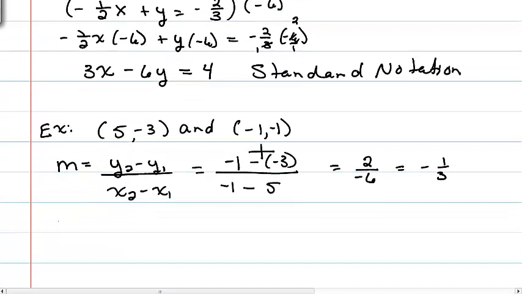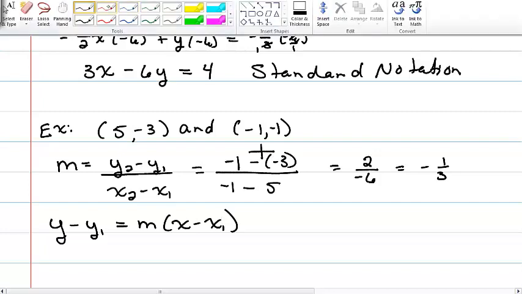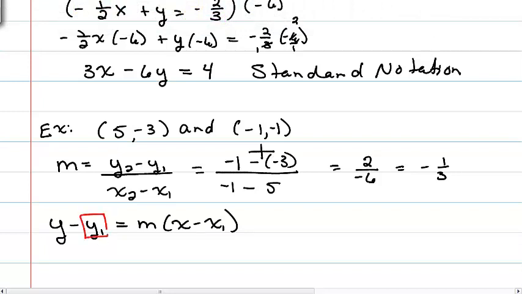So now we're going to use the point-slope formula. y minus y1 equals m times the quantity x minus x1. Again, remember that the y1 and the x1 are coming from the coordinate, and you can pick either one of those coordinates.